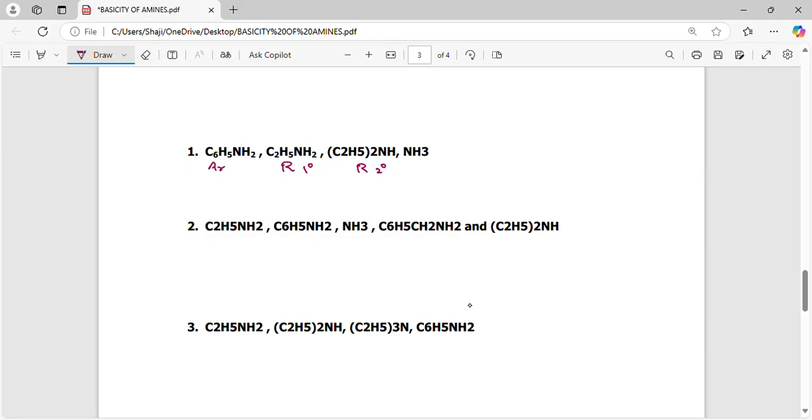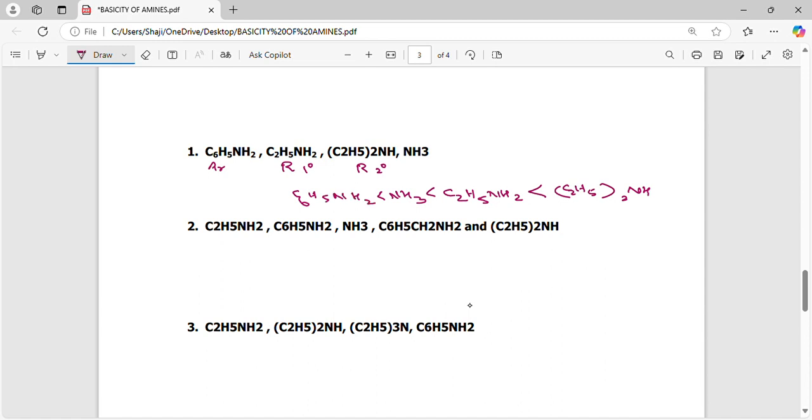In that, secondary is most. So (C2H5)2NH comes on the right side. That greater than primary. There is no tertiary here, so primary. If tertiary is there, you have to write tertiary after this. Then ammonia. After ammonia only you have to write the aryl amine. So this is the answer.